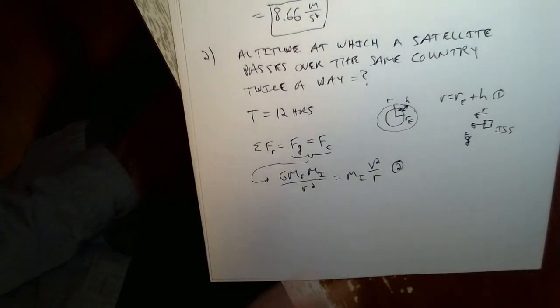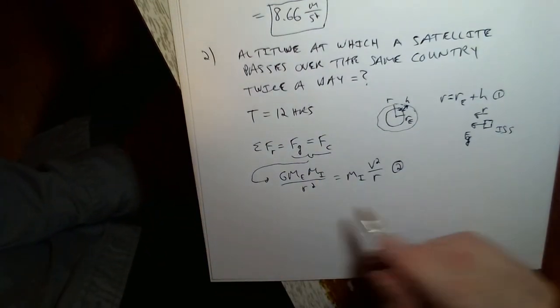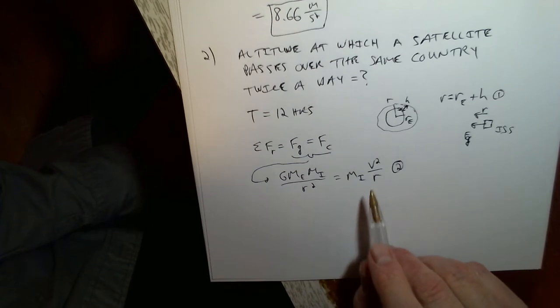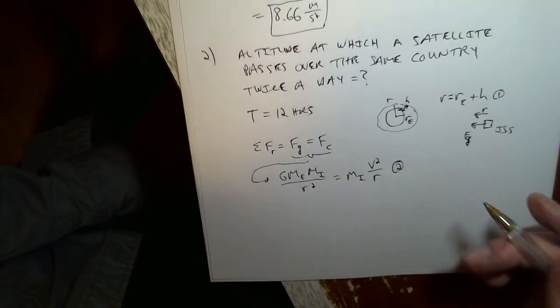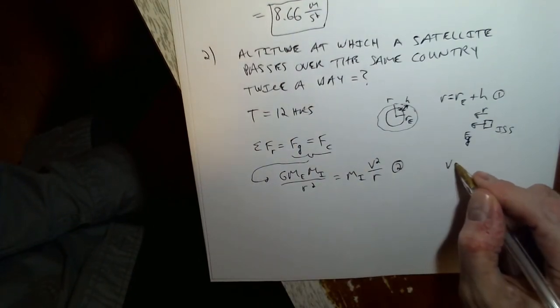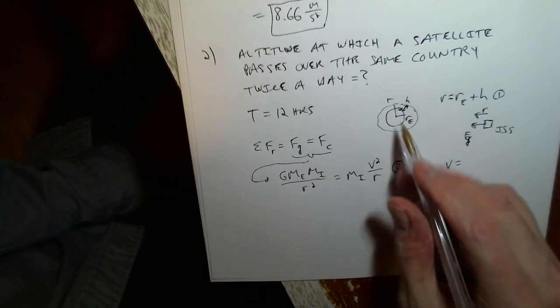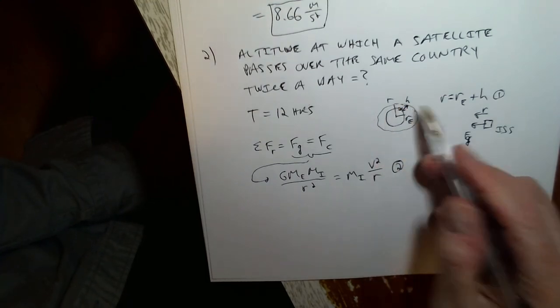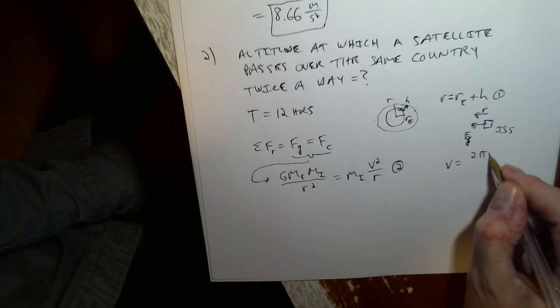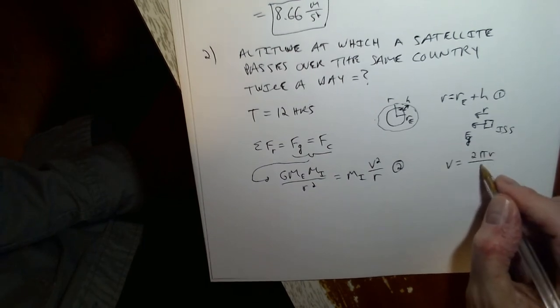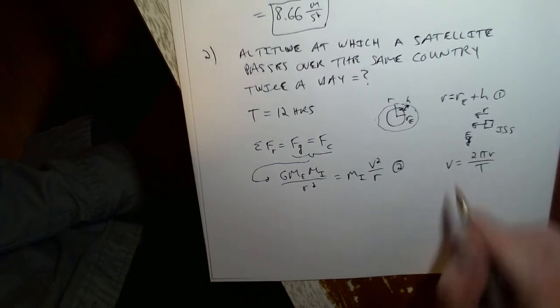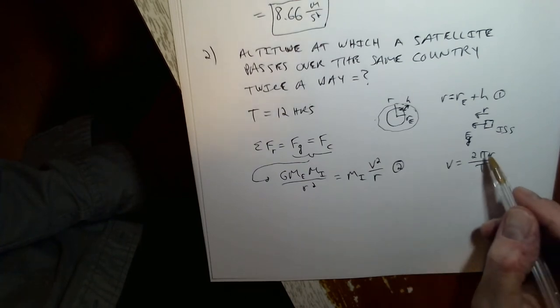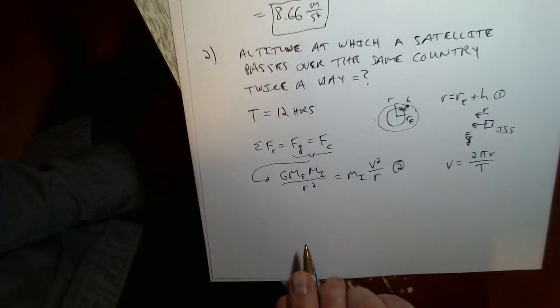Oh, right. I need to replace v because I know the period, I don't know the speed. So v is the distance traveled, which is the circumference, 2 pi r, divided by the time taken. So distance over time for constant velocity is 2 pi r over the period.